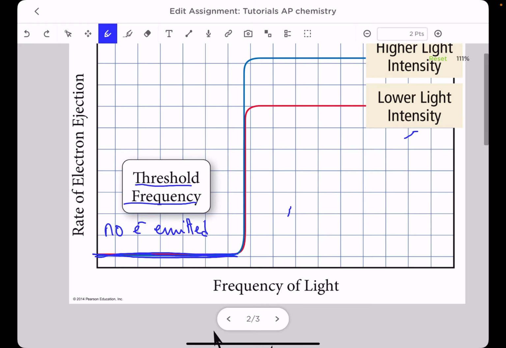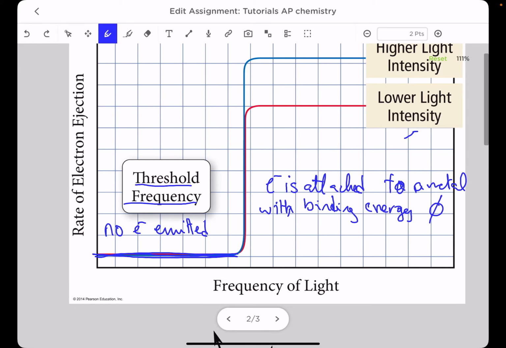Let's say this in a clearer way. An electron is attached to a metal with a binding energy. To dislodge it, the photon has to meet this energy or be higher than that energy. So here we did not meet the minimum required energy to dislodge an electron.